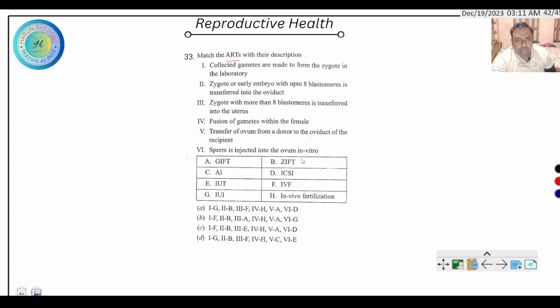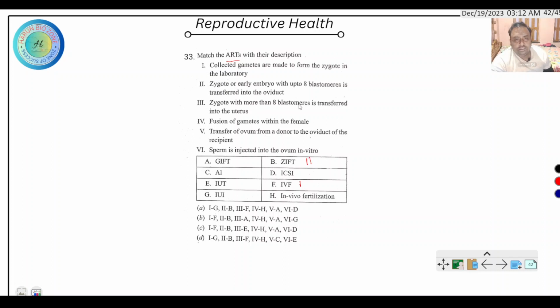The zygote means gift. So here this is 1. Zygote or early embryo with up to 8 blastomeres transferred into the oviduct. Collected gametes are made to form the zygote in the laboratory is IVF, and this is the answer for 2.